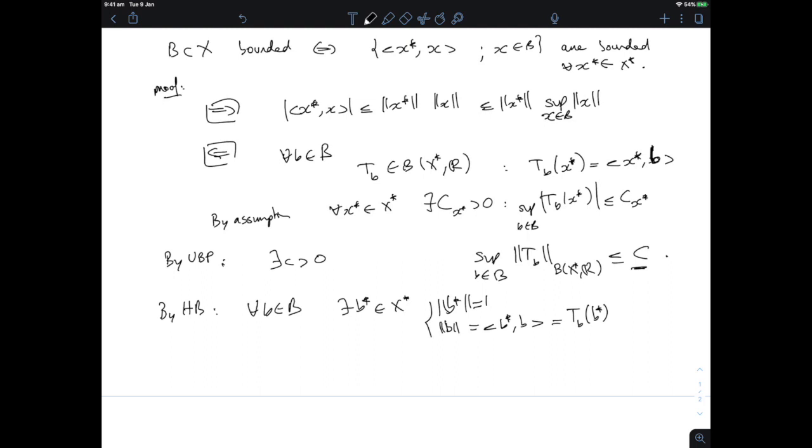But if it's Tb applied to b star and b star has norm 1, that means for every b in B, the norm of b is smaller than the norm of Tb, which is smaller than C, and C was independent of b. So there exists a C independent of b, such that for all b in B, the norm of b is smaller than C. That's exactly saying that the set capital B is bounded. And that concludes the proof.